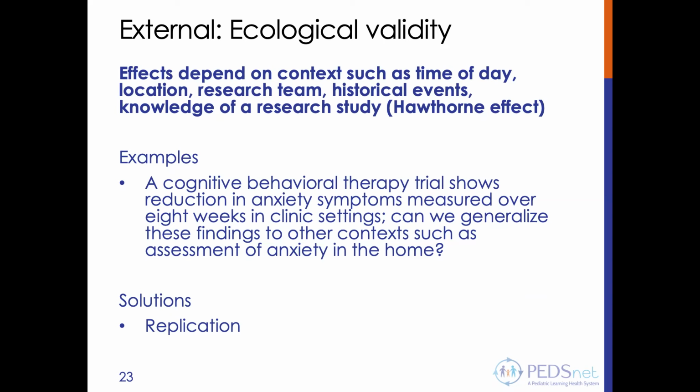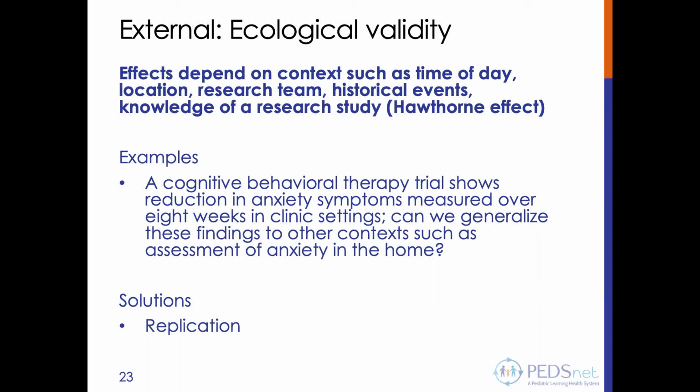If you then want to know whether the same treatment is effective in the real world, and you assess anxiety at home, can you now conclude that what you learned from the clinic setting is going to be applicable in the home setting? And the answer is probably yes, but not always, particularly with something like anxiety. You might see kids in particular reporting much more anxiety in clinical settings than they would in home settings.